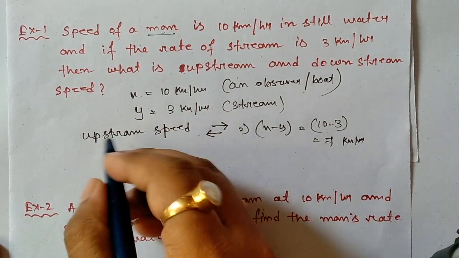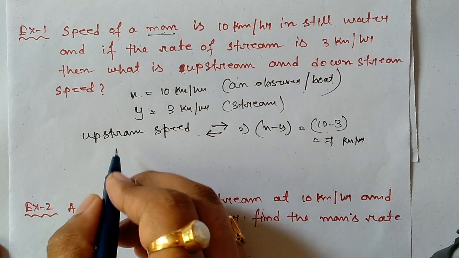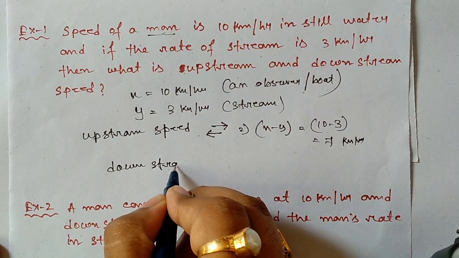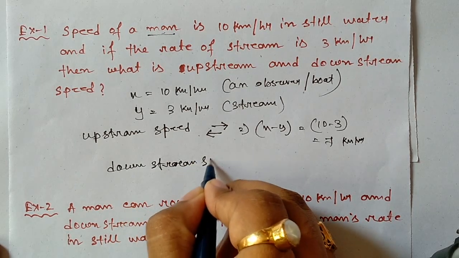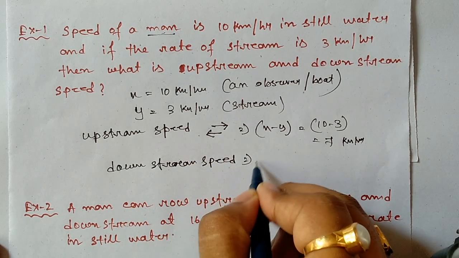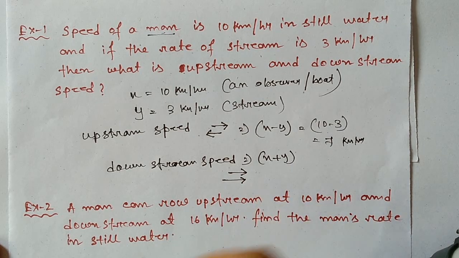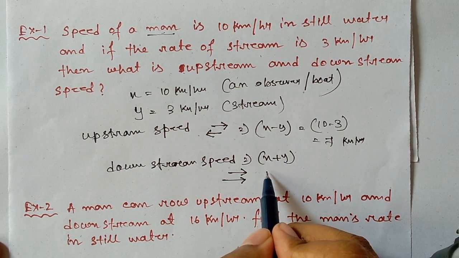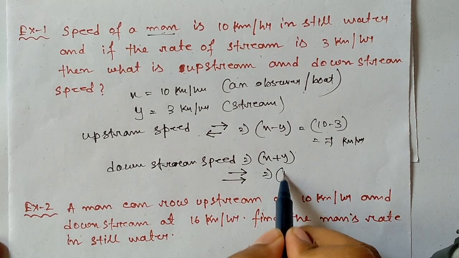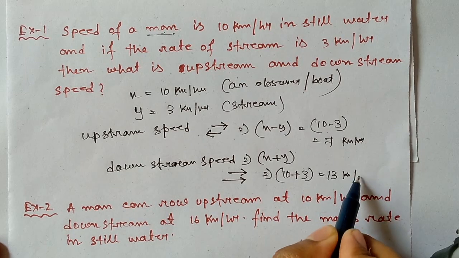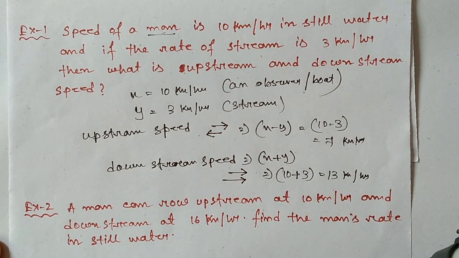Now downstream speed should be x plus y. Downstream speed means they are moving in the same direction. This means the relative speed is going to be 10 plus 3, that is 13 kilometer per hour. Okay, so this is our first problem and our first concept. This is exercise 1.